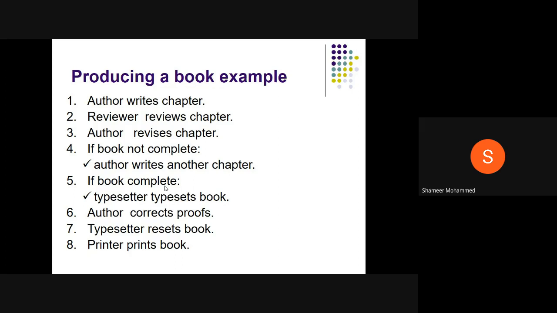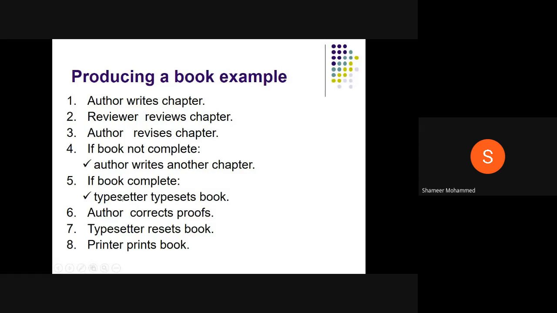That means there is another person who will check your work, review your lesson or lecture, what you've written. Number 3, author will make revisions like adding, deleting to the existing lecture. If the book is not complete, author will go back and write the chapter again. If the book is complete, then he will give the book for typing.